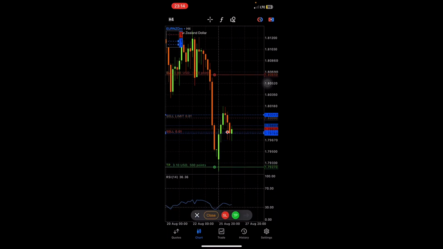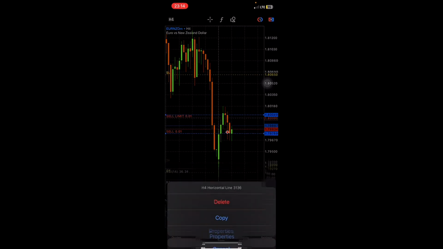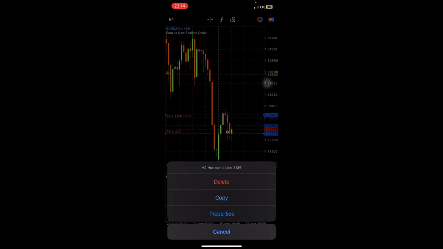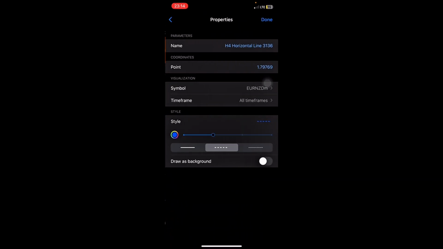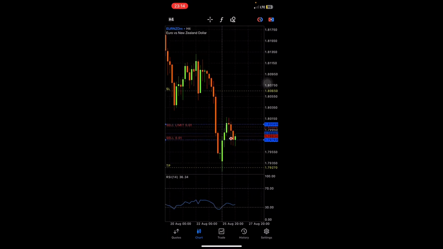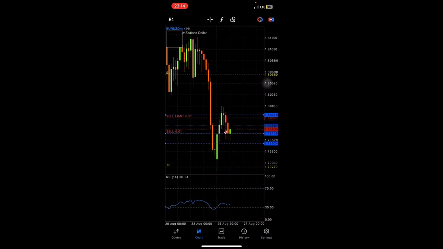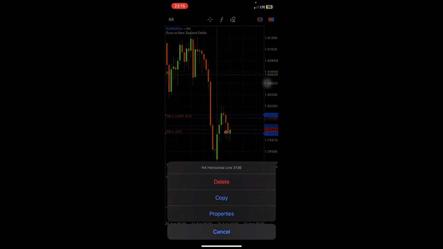Just try your best to get as accurate as possible. If you're not able to do that, you can tap on the line and go to the properties, where you can easily enter 1.7977. But if you don't have time for that, just try your best to use your hand to put it at that spot, 1.7977, and hold the line and copy it.